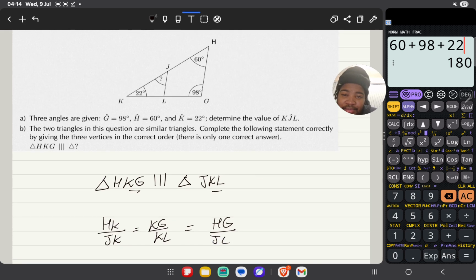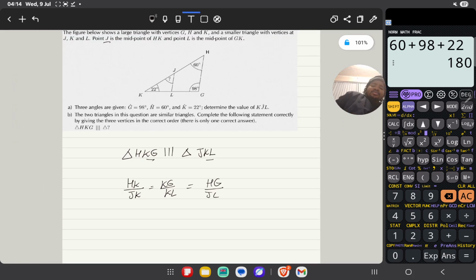We have HG over JL. You see that? Nice. You have KG over KL. Beautiful. Then you have KH over KJ. All right, so in short, this is it.